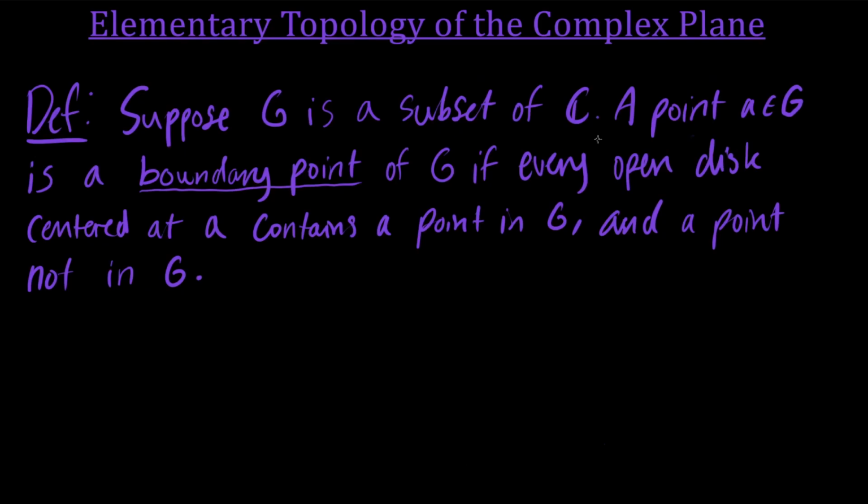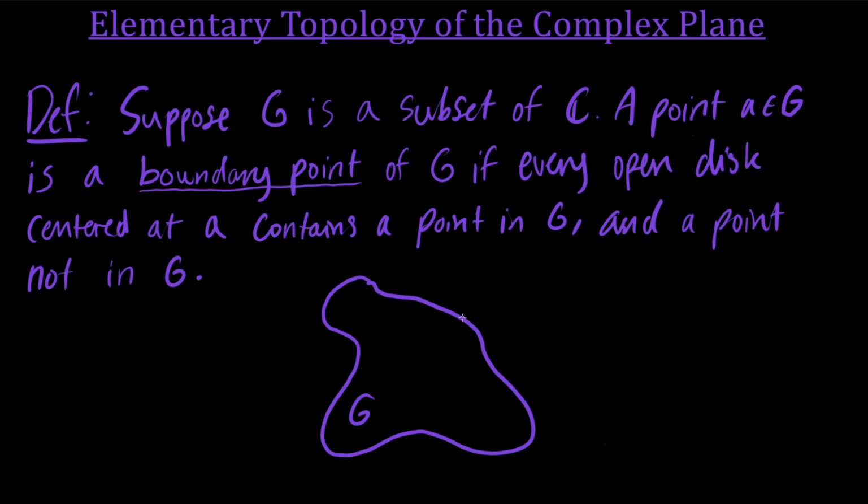Suppose G is a subset of C. A point A in G is a boundary point of G if every open disk centered at A contains a point in G and a point not in G. So let's again think about this using an example. Let's say we have some subset of the complex plane G, and let's say we have a point A in G. So is this point A a boundary point of G?